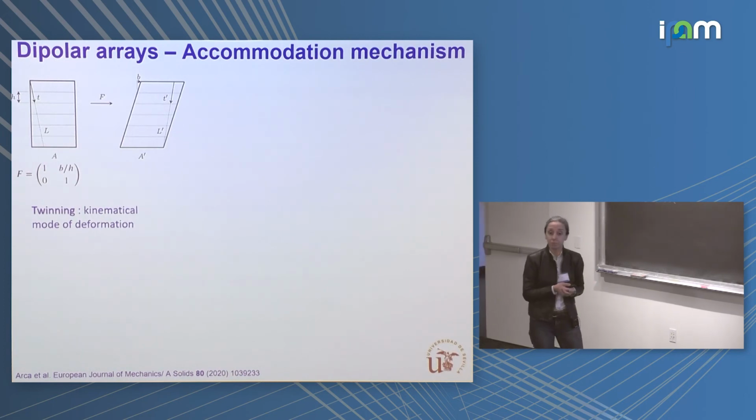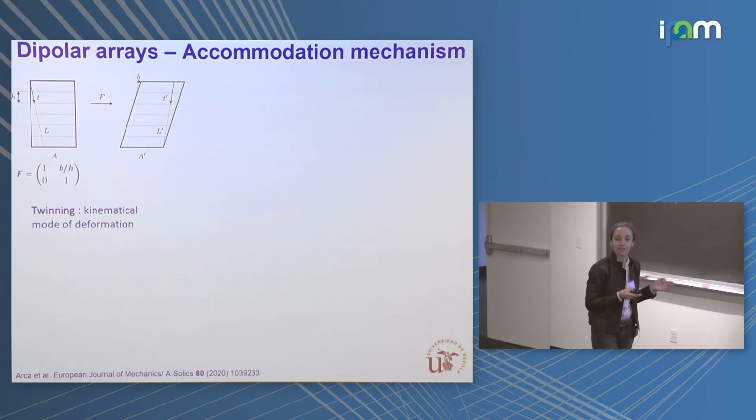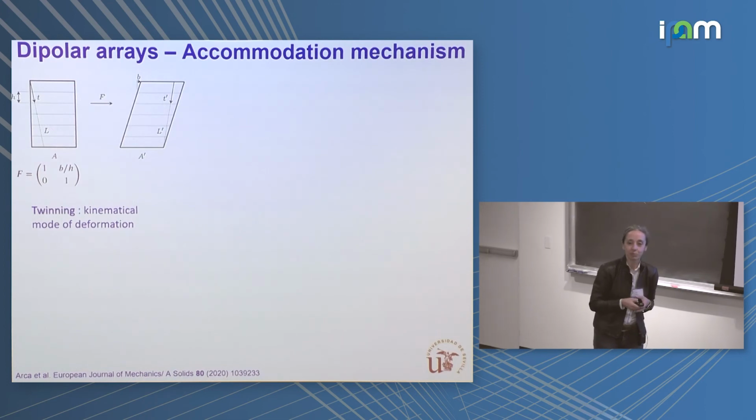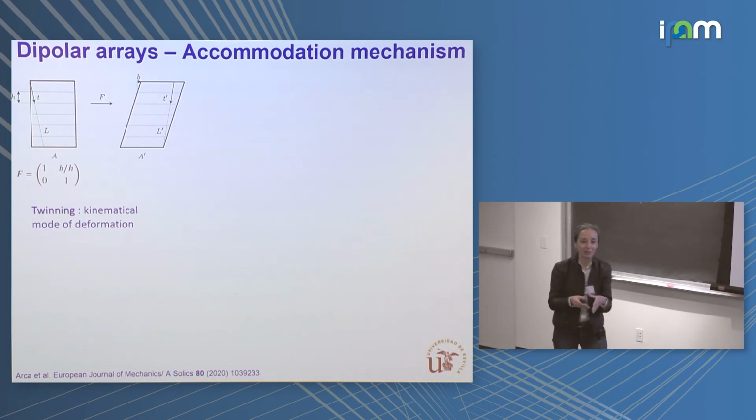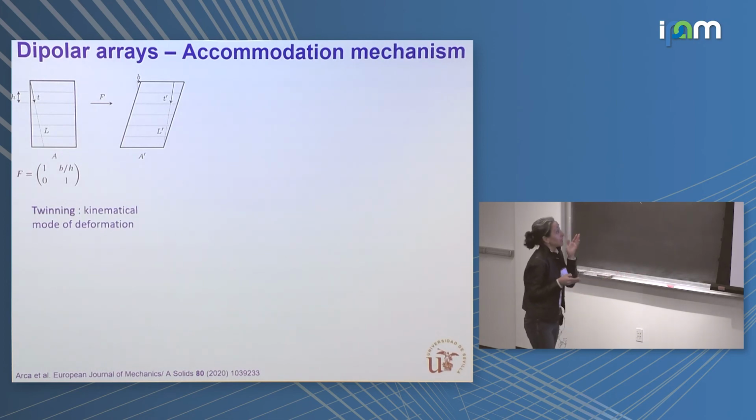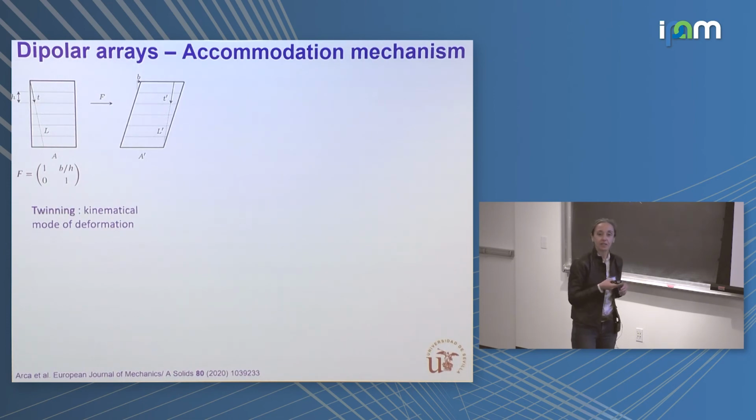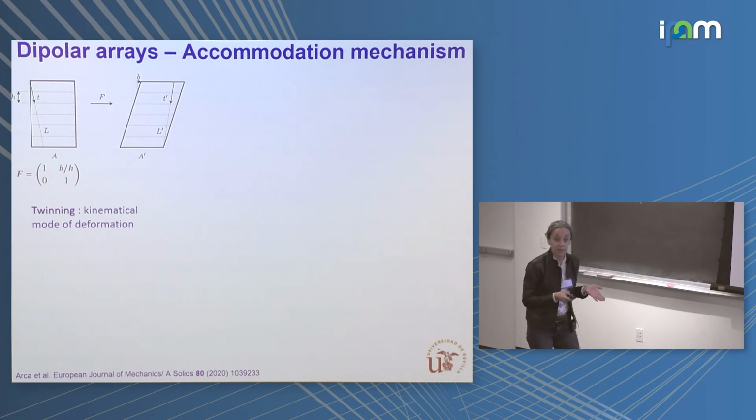So let's compare, because I have said twinning, and you don't really have to believe me. In order to prove that this is twinning and not something different, you have to see if the angles that we have obtained as an accommodation mechanism, let's repeat it again, are really twinning or not. This is the transformation that you are going to have in between this initial lattice and this another one.